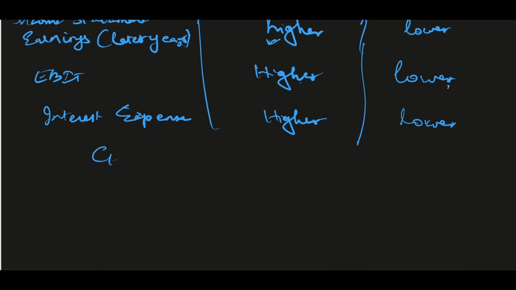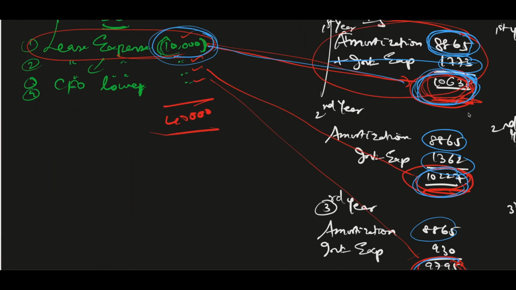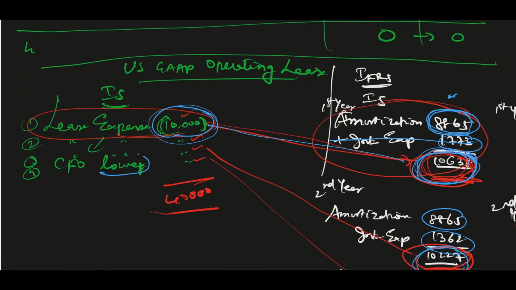Then cash flow from operations. Cash flow from operations will be higher in finance and lower in operating. This we have already discussed. CFO, here I told you it will be lower in operating. Reason being, every time you are showing operations 10,000, 10,000, 10,000, so higher cash outflow is happening. That's why cash flow from operations will be lower.